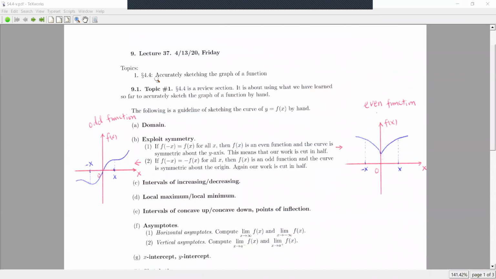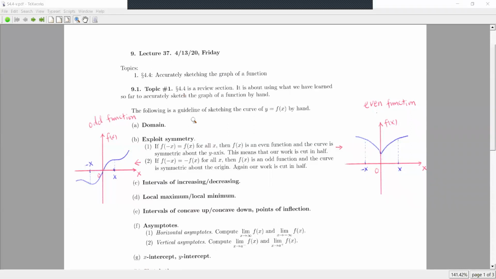Section 4.4. Sketch the graph of a function accurately by hand. This section 4.4 essentially is a review section. You need to apply what you have learned so far to sketch the graph of a function.